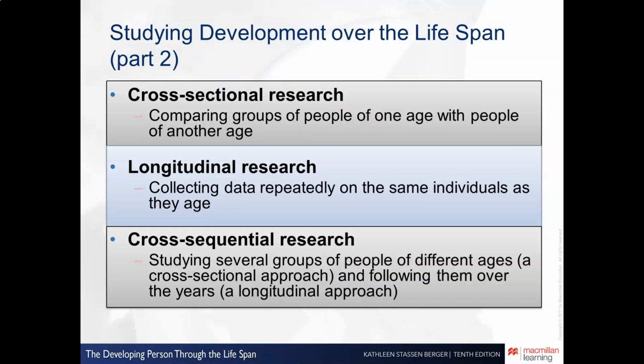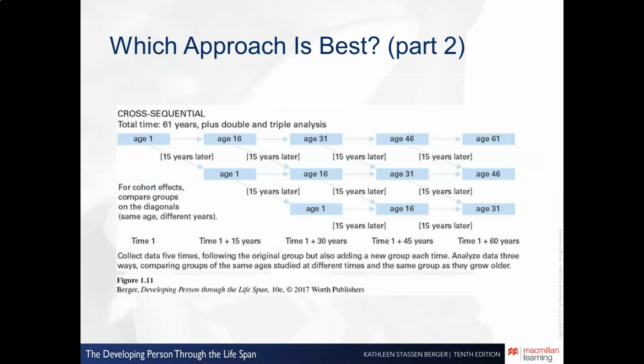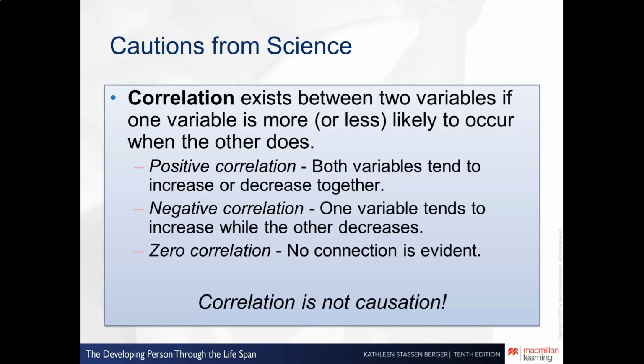Here are a few different types of research. I do not expect you to memorize this, but I want you to be aware that there are different ways to research groups. I am not going to go in depth on this slide, but feel free to pause the video if you want to look at those a little more in depth.